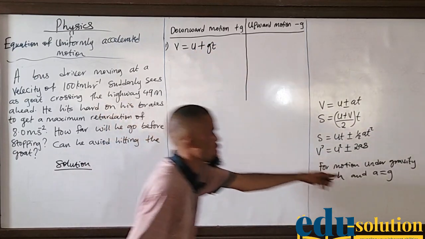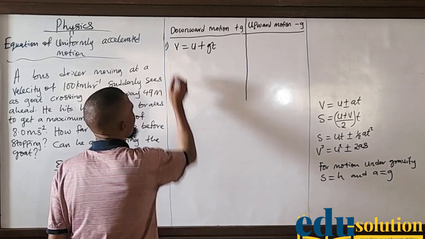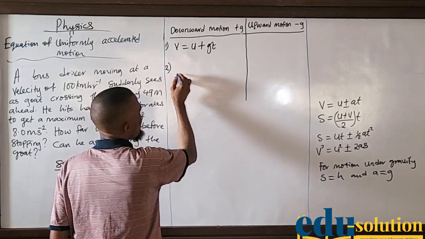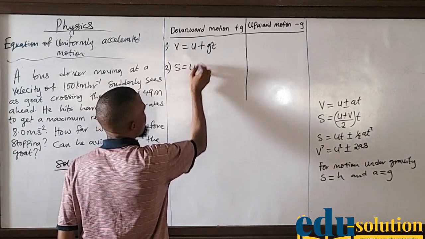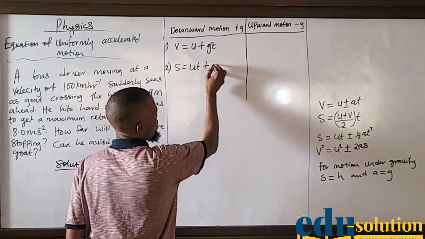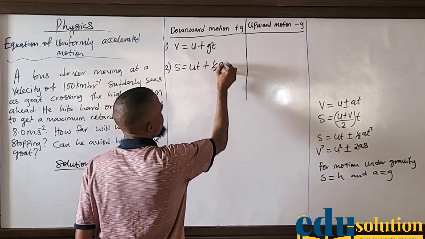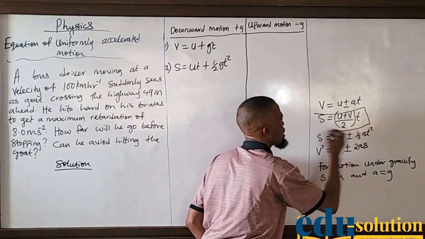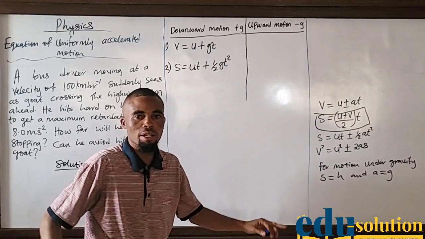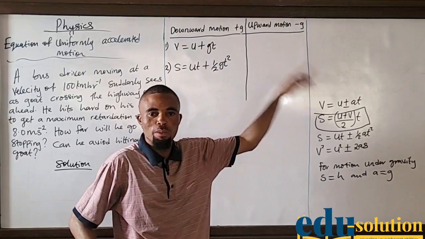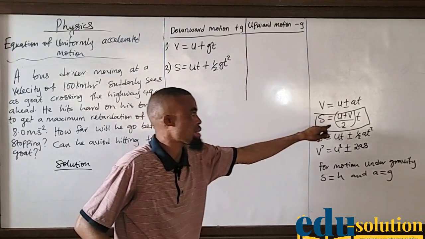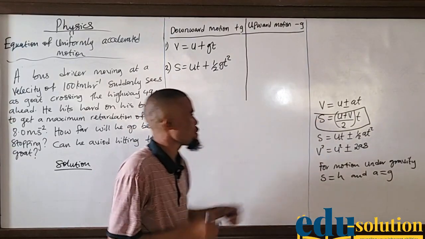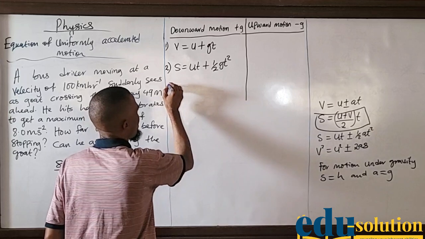I'm using G because I just said that A is equal to G. Then number 2, I'm having S is equal to UT plus half GT squared. I didn't talk about this one, because it is the equation we use when it doesn't involve gravity, so we are skipping it. So we have 1, 2, 3, and the last one is number 3.